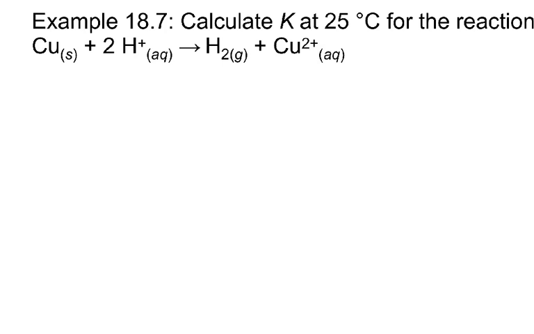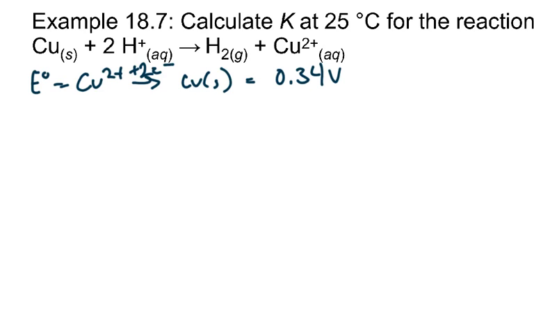The E naught for copper 2 plus plus 2 electrons going to copper solid is 0.34 volts.